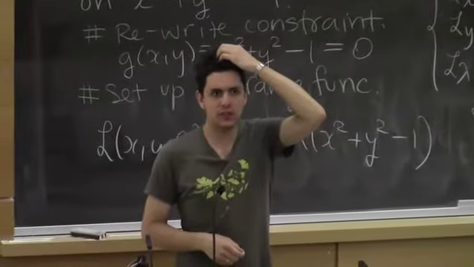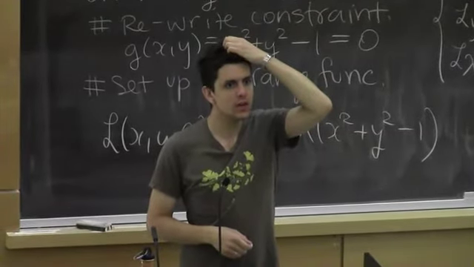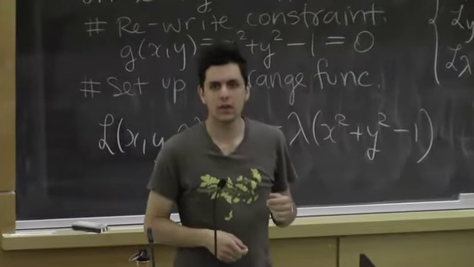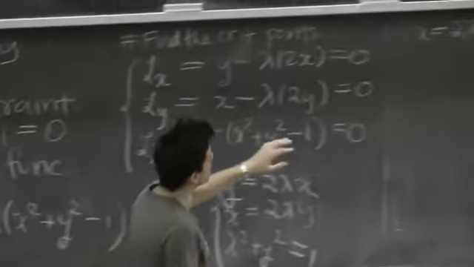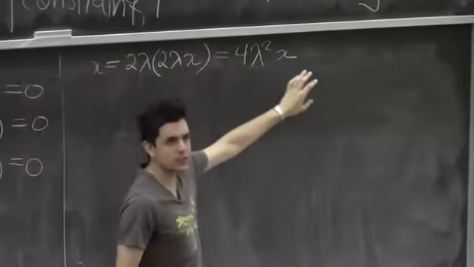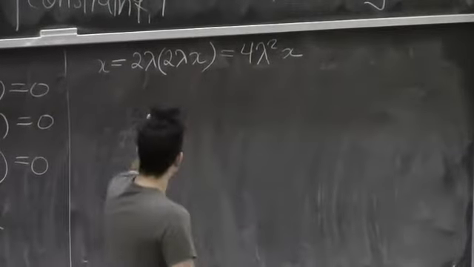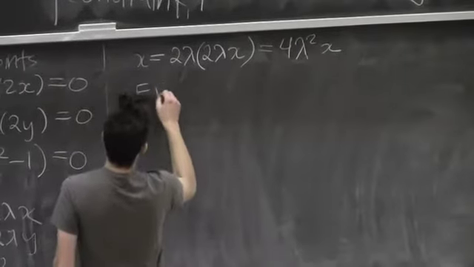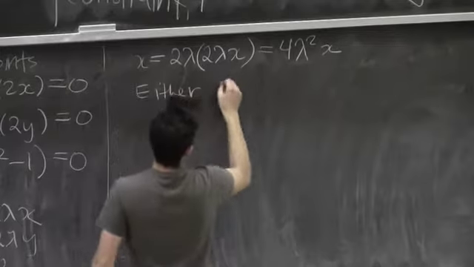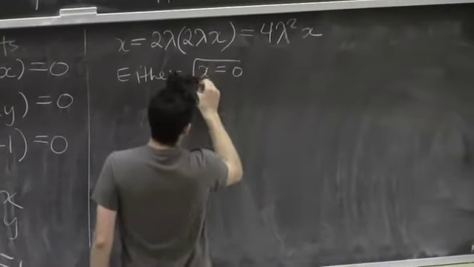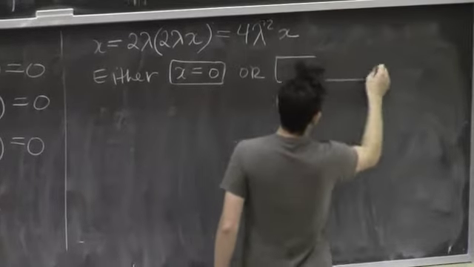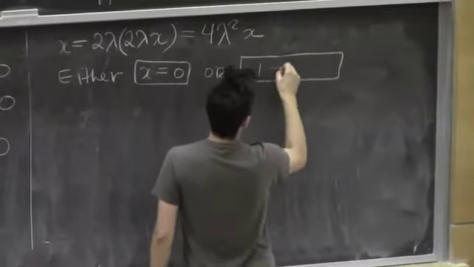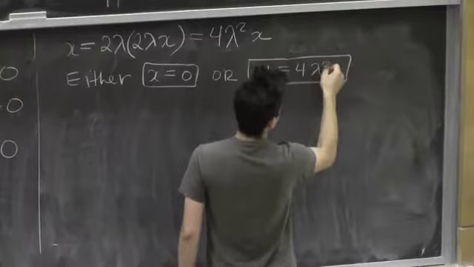Why do we need to be so careful? Yeah, x could be 0. If x is 0, then we can't divide out both sides here. So either x is 0 or 1 is 4 lambda squared.